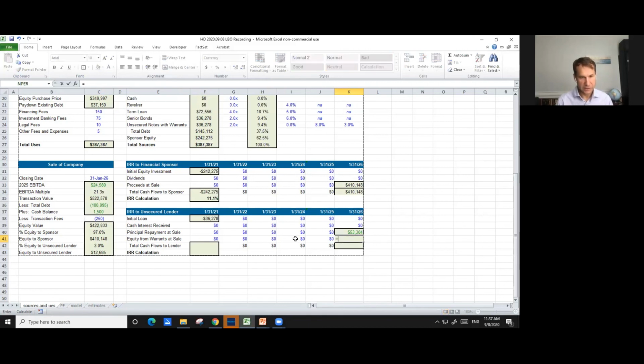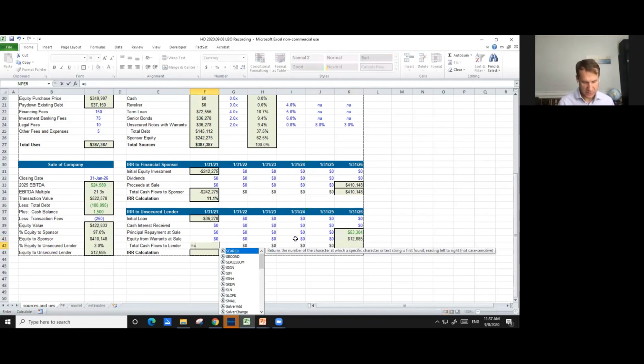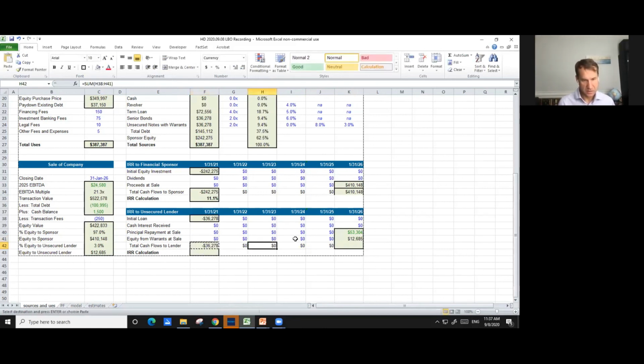And then they'll also have 3% of equity, which is 12 billion. So let's add that up and then calculate IRR. It's 12.7%.